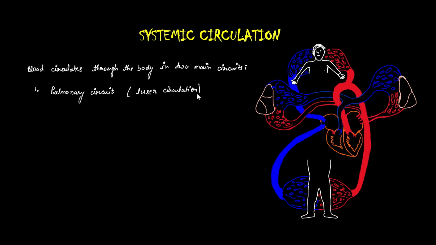The lesser circulation starts from the right ventricle and goes through the pulmonary trunk to both of the lungs, and the oxygenated blood is carried by the two pulmonary veins from each lung to the left atrium. So this is the pulmonary circuit.